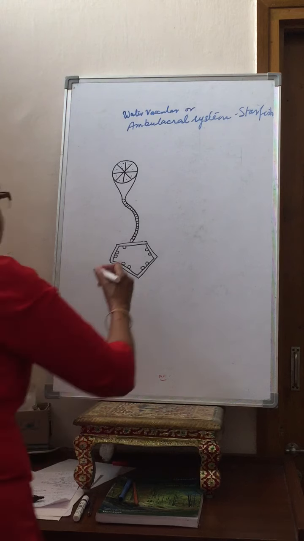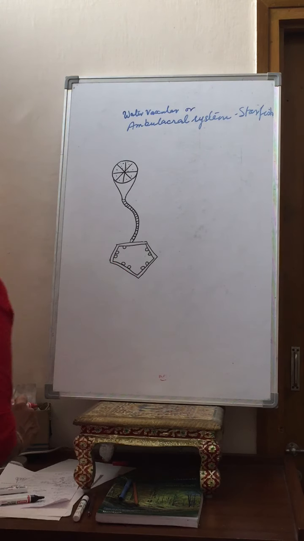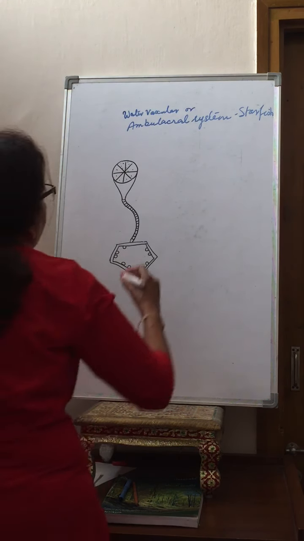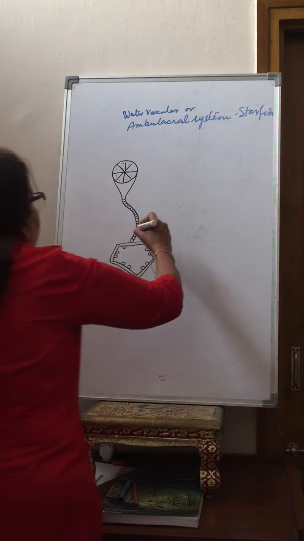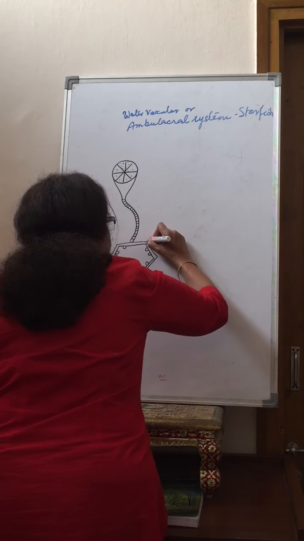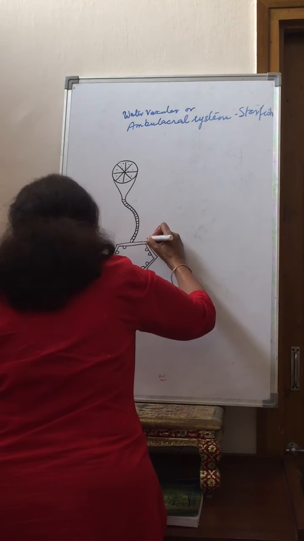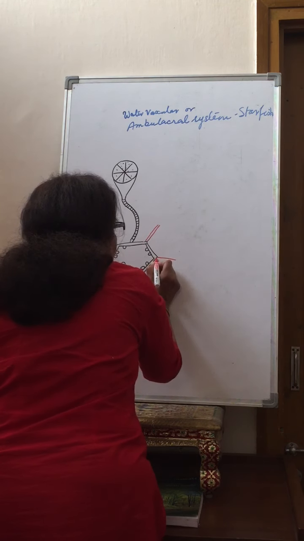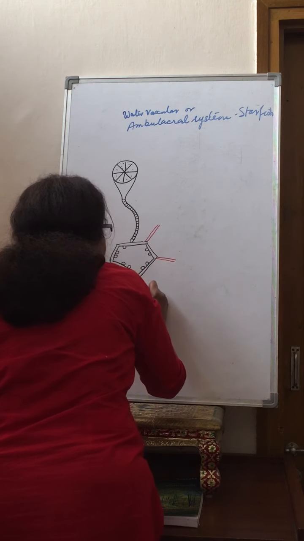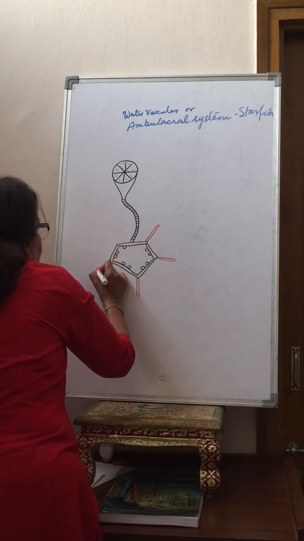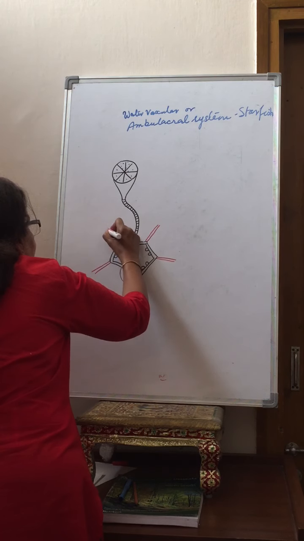The ring ambulacral vessel is present around the mouth on the oral side and above the perihemal ring canal, and it leads to 5 radial ambulacral vessels.